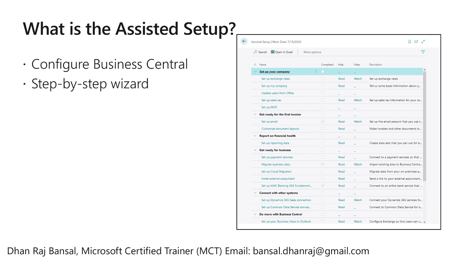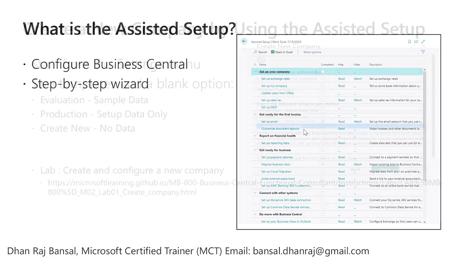It gives you step-by-step wizard actions, what you need to do first and then next and all that. So for example, this is a screenshot of assisted setup. Set up your company, you can set up exchange rate, set up my company, then users from Office, sales tax, different setups you can do by clicking on these one by one.